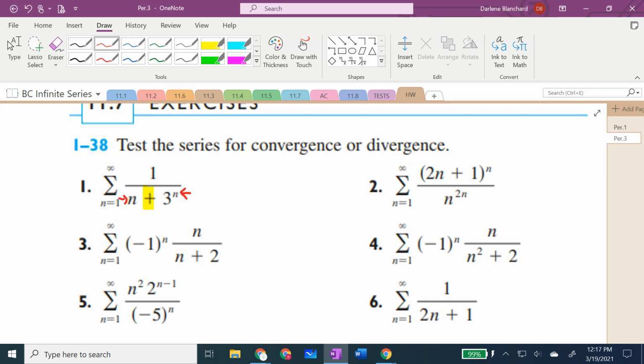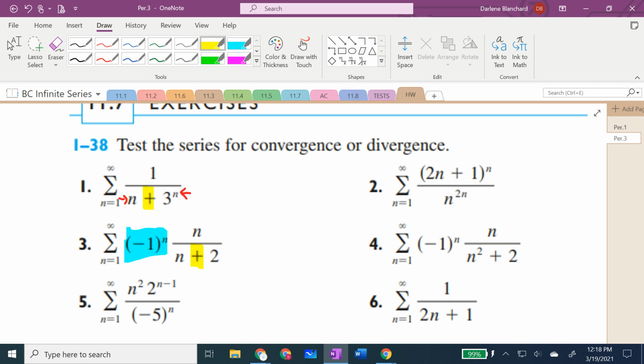I want to throw out there, though, especially because I see it right next to it. If you have an addition, but you see that -1 to the n, there's a better likelihood that you're going to want to go to alternating series test or the divergence test if it happens to take you there.